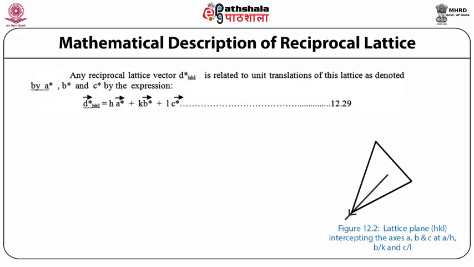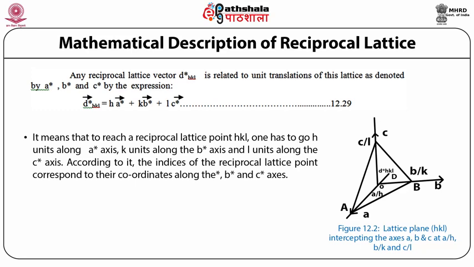Any reciprocal lattice vector D star HKL is related to unit translations of this lattice as denoted by A star, B star and C star by the expression D star HKL vector is equal to H A star vector plus K B star vector plus L C star vector, which is put as equation 12.29.